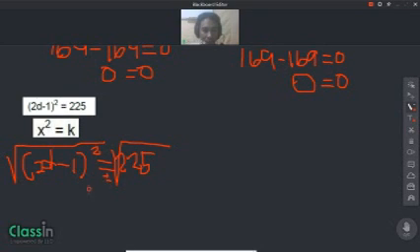So cancel the exponent, and what is left now is 2d minus 1 equals positive or negative square root of 225.